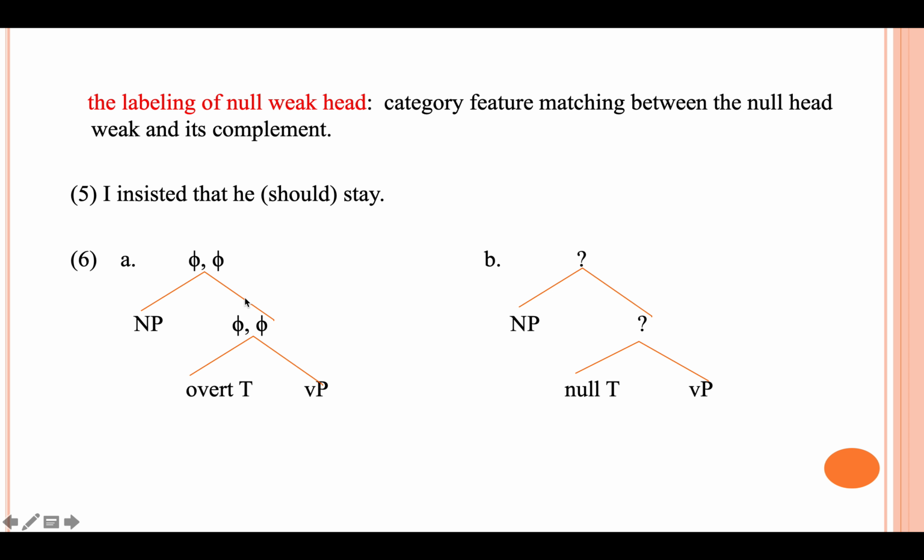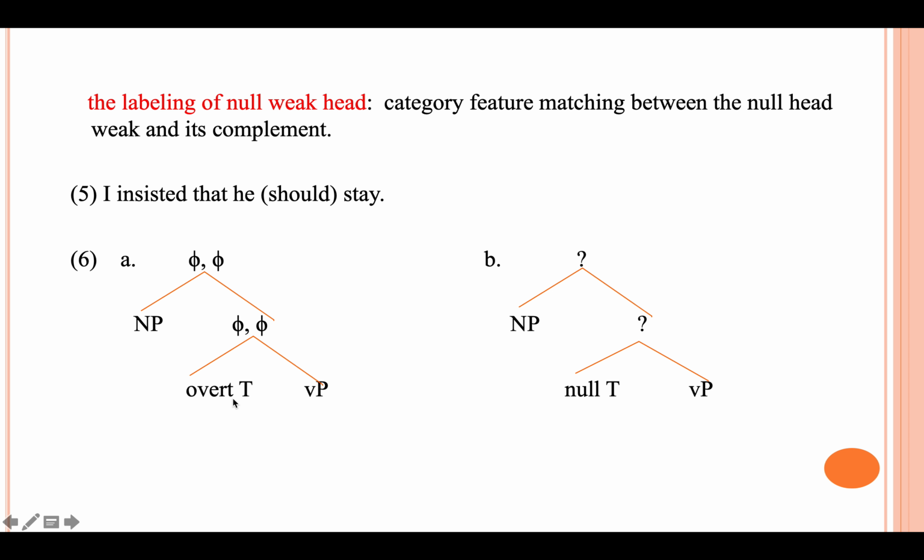Okay, just now I proposed that phonological features play an important role in the labeling algorithm. And if the phonological features of a head are erased in the narrow syntax, its syntactic property should be changed. So based on this, we can say overt T and null T should be different in their labeling performance.